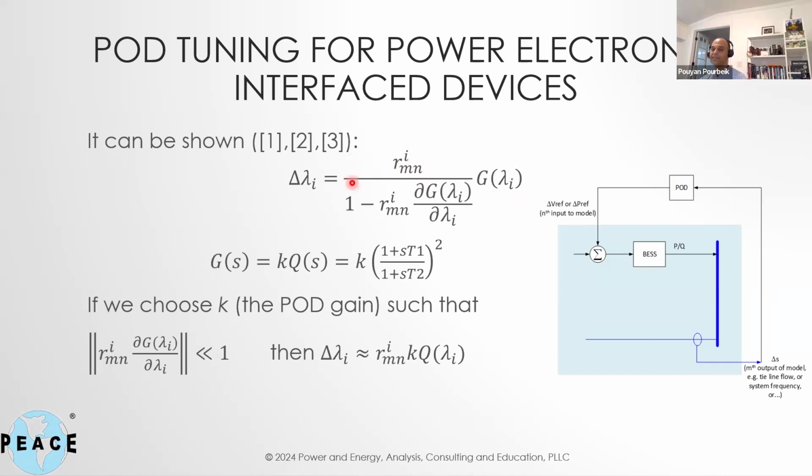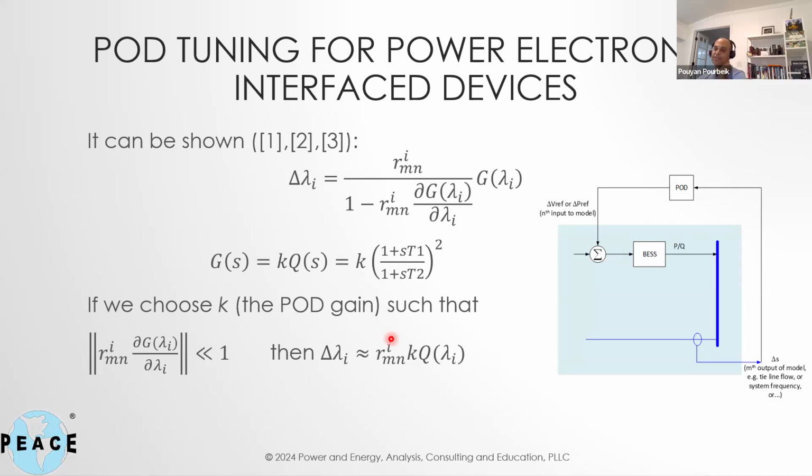And once I calculate that residue, you can show through simple mathematics, and again, you can go to the references for the details, that as long as I keep the product of that residue and the first order derivative of my POD function with respect to the eigenvalue much less than 1, and that, trust me, can easily be done by selecting this gain appropriately, then this equation reduces to this, which basically says that if I can tune a transfer function such that the phase of that transfer function together with the phase of the residue results in a total phase of 180 degrees, then what does that mean?